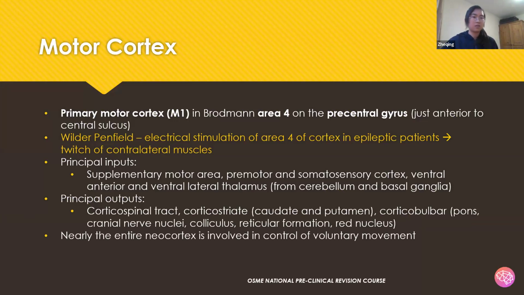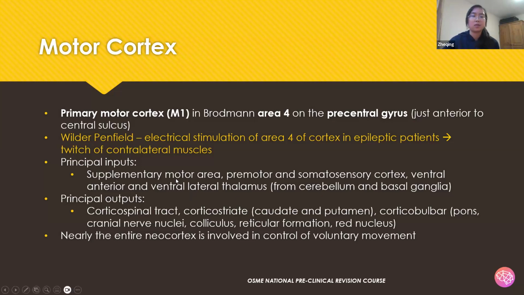But the main area that we associate with producing movement is the primary motor cortex, also called M1, which is in Brodmann area 4 on the precentral gyrus.